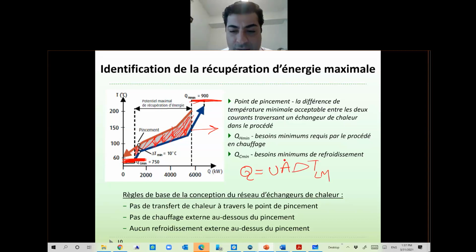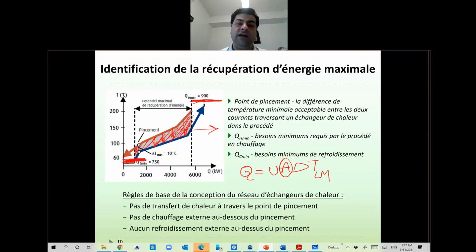So you need to design heat exchangers to supply the surface area that you want. In other words, if you have a very small delta T mean, or very small pinch point, your overlapping zone will be maximized, and so you will have more heat exchangers.